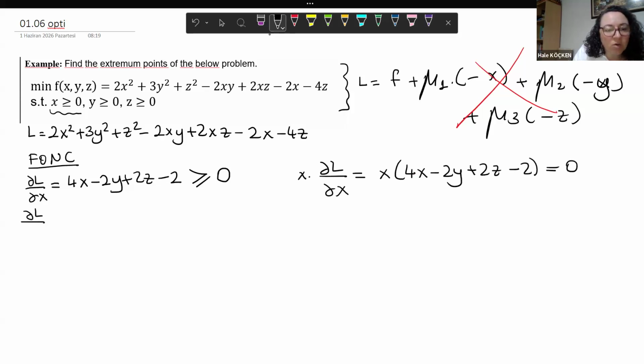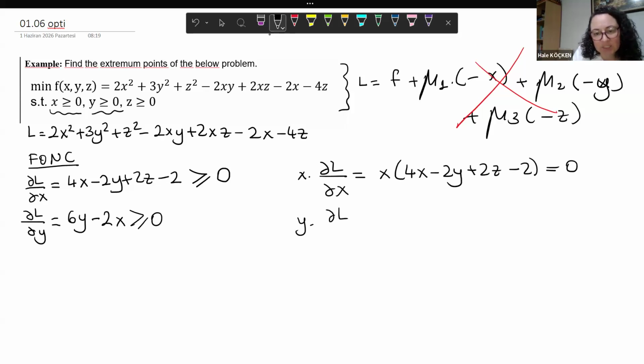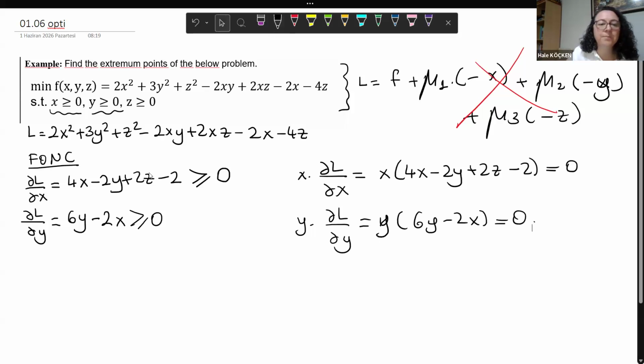Similar to that, dL over dy is equal to 6y minus 2x, that's all, is greater than or equal to 0 because y is greater than or equal to 0. And similarly, y times dL over dy, which is y times 6y minus 2x, is equal to 0, okay?